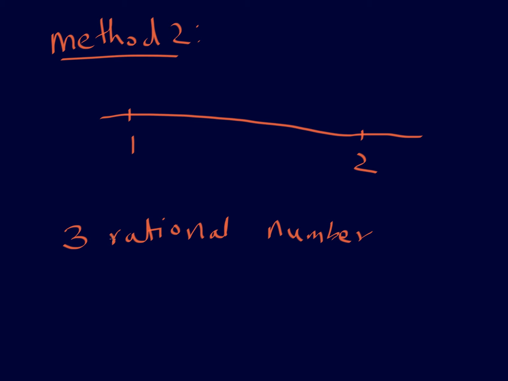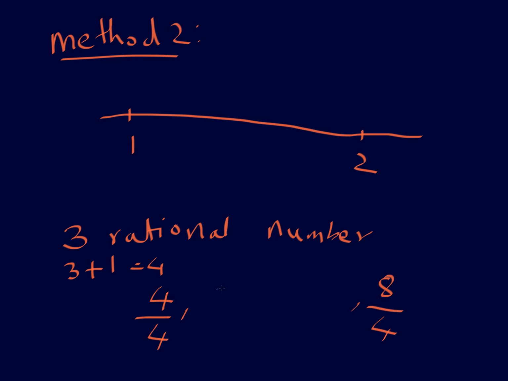So what we'll do is take 3 plus 1 equal to 4 as the denominator, and represent 1 and 2 with that denominator. So 1 is 4 by 4 and 2 is 8 over 4.